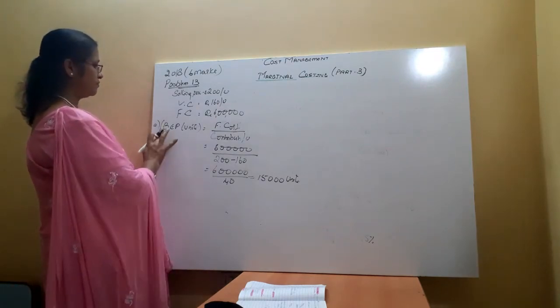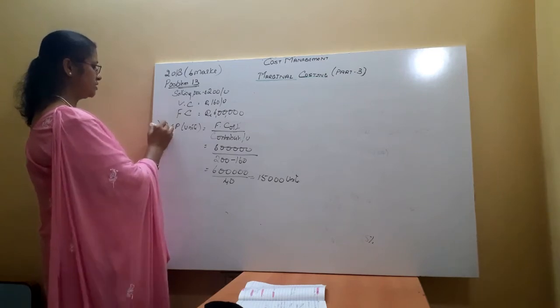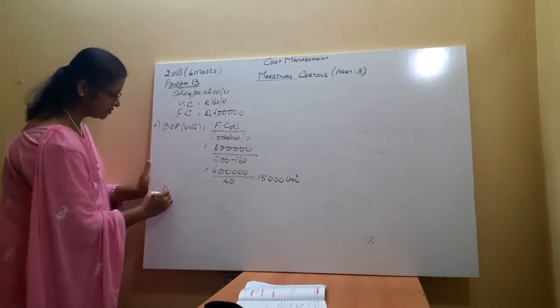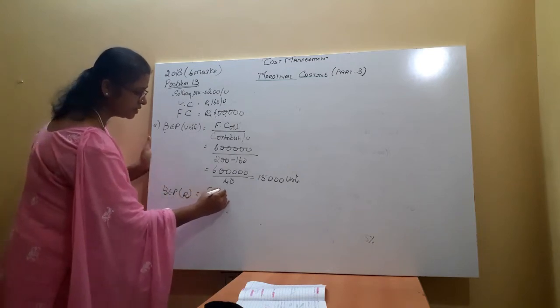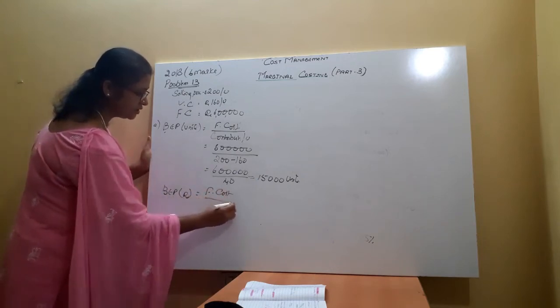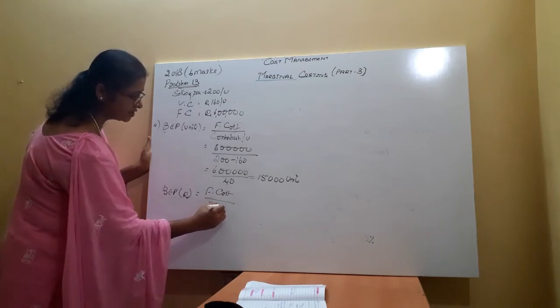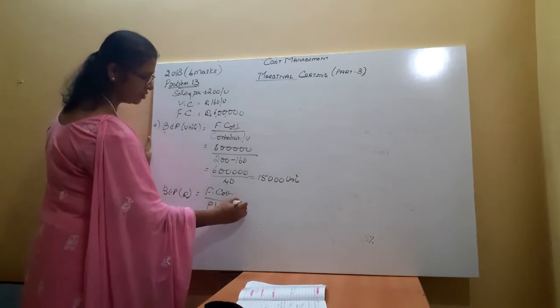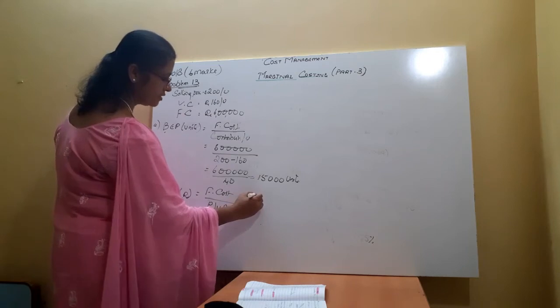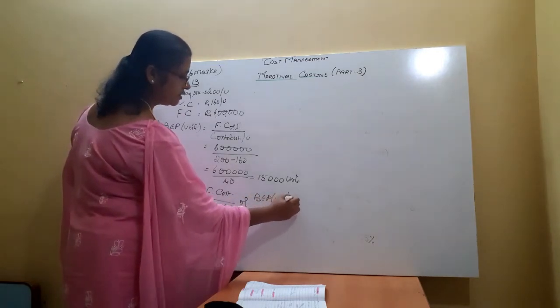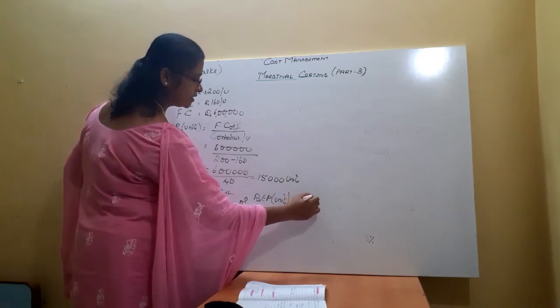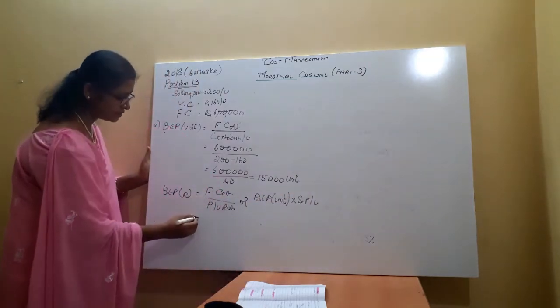The first one was BEP in units, and he's also asked you to calculate BEP in rupees. See, BEP in rupees is fixed cost divided by PV ratio, or you can also work it out like break-even point in units into selling price per unit. So it will work both ways.